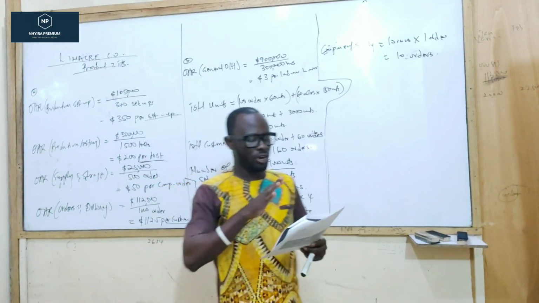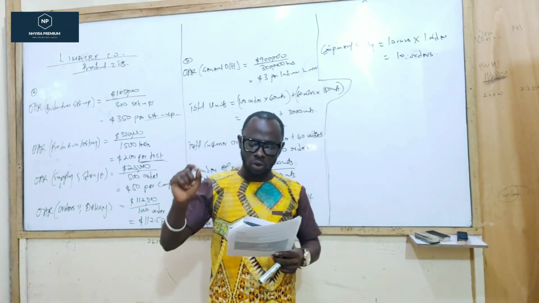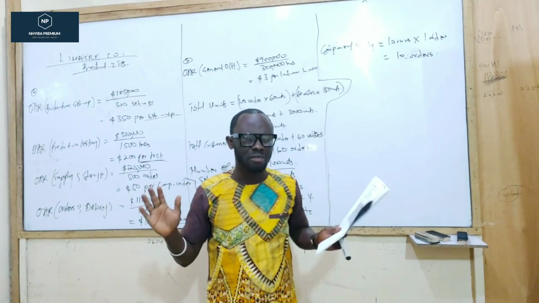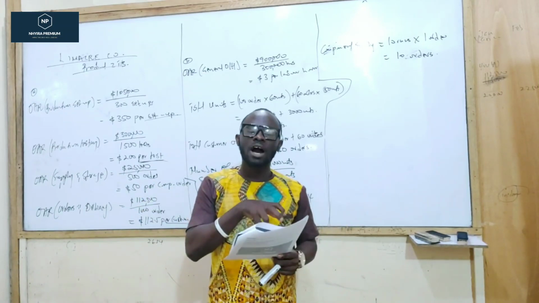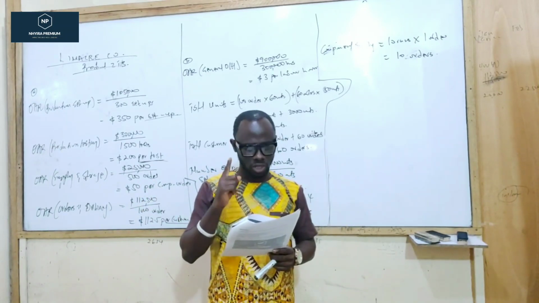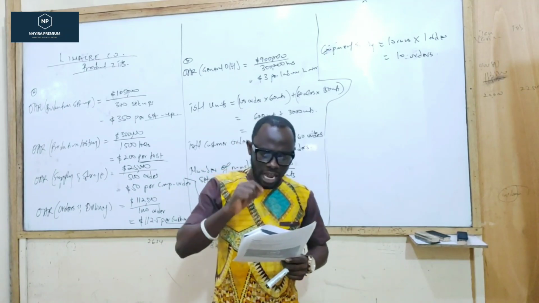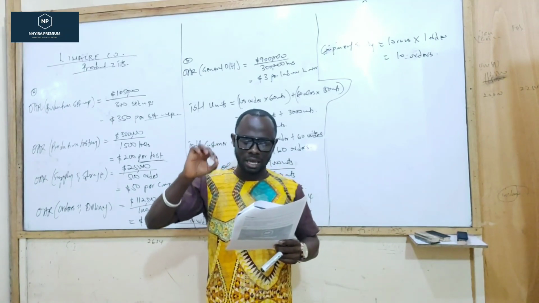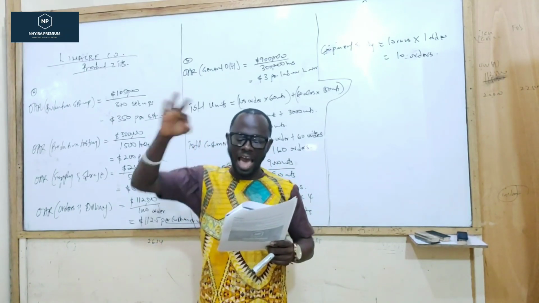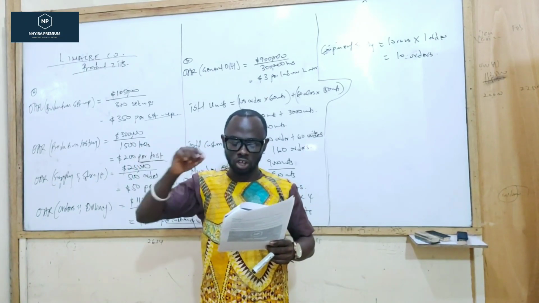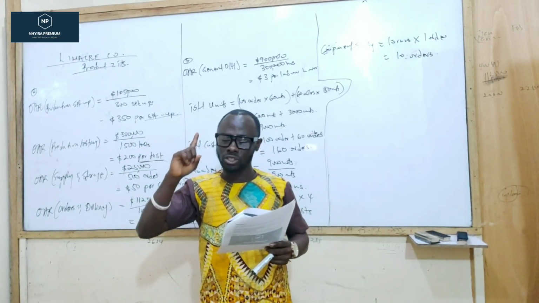For the component cost, we are told it's $1 per unit. No thinking about that. But the labor cost, we must do something about it. Direct labor is 10 minutes per unit at 7.80 per hour.